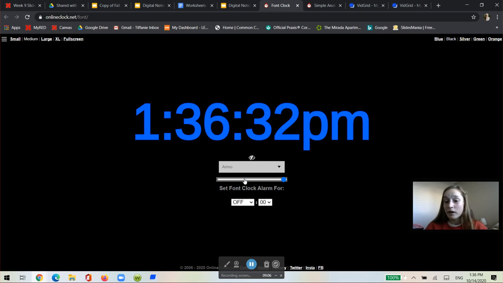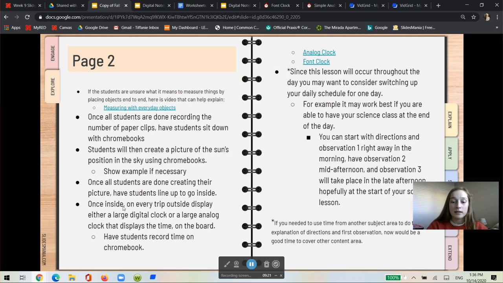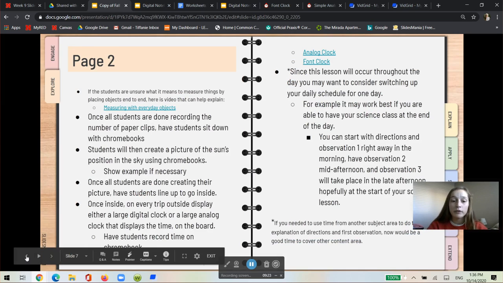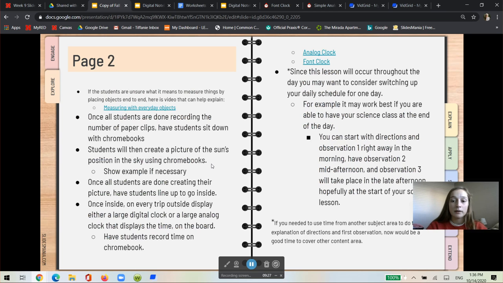Or you could also have them do the hour. It would be up to the teacher leading the lesson. For this, I'd probably have them do the nearest half hour. So for that, it would be 1:30 p.m. Help them find the right answer, and then they will again record it in this section right here of that slide.